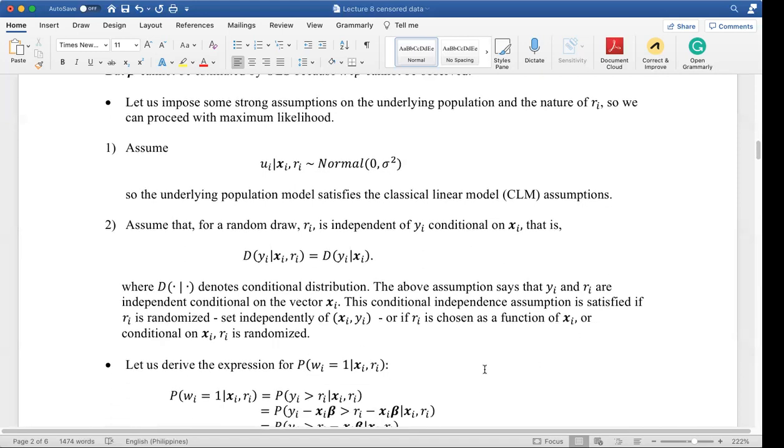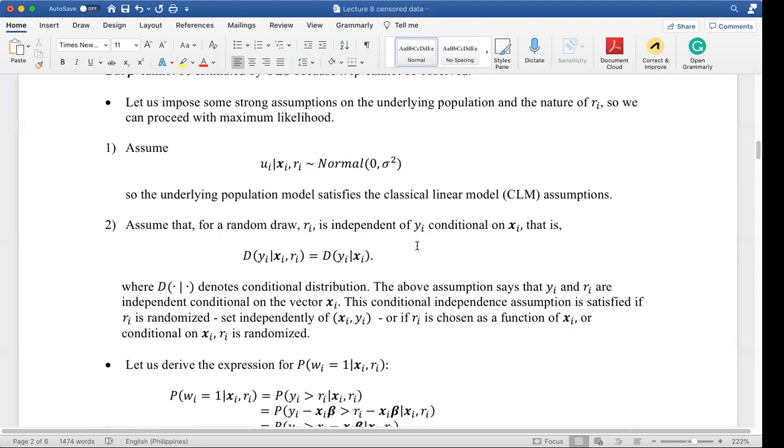Assume that for a random draw, r sub i is independent of y sub i conditional on x sub i. So we assume that r sub i, the project cost offered to the household, is independent of his willingness to pay.